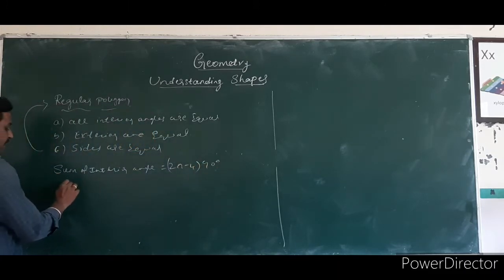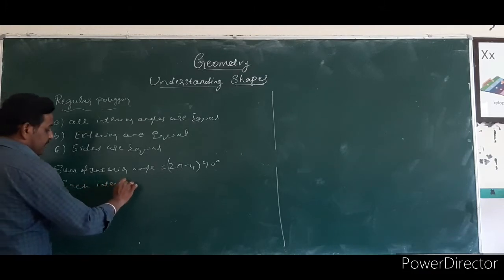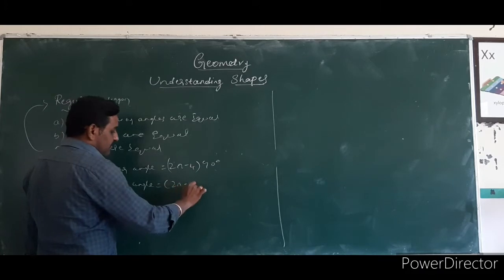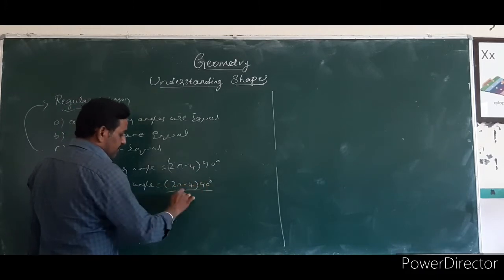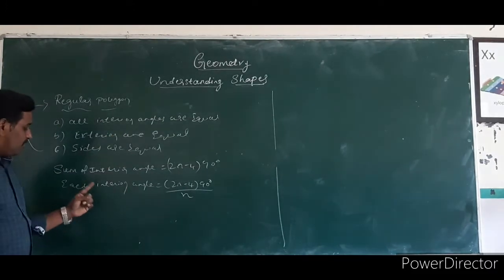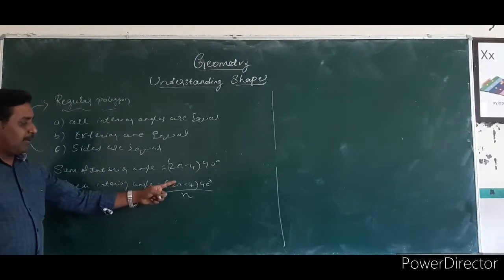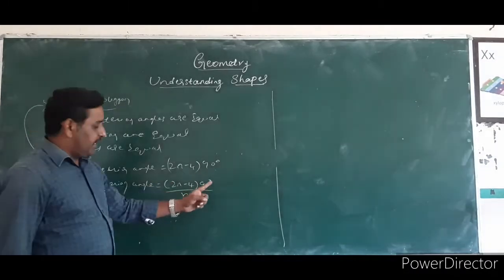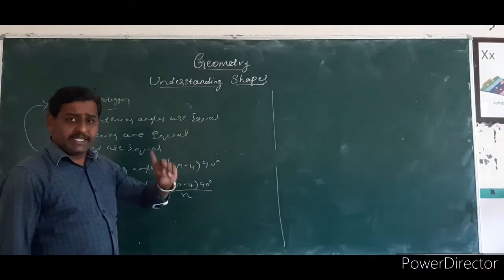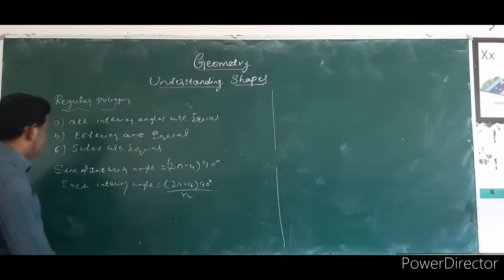So if you want to find each interior angle of a regular polygon, you can use this formula: 2n minus 4 into 90 degrees divided by n. By using this formula, we can easily find each interior angle of a regular polygon.